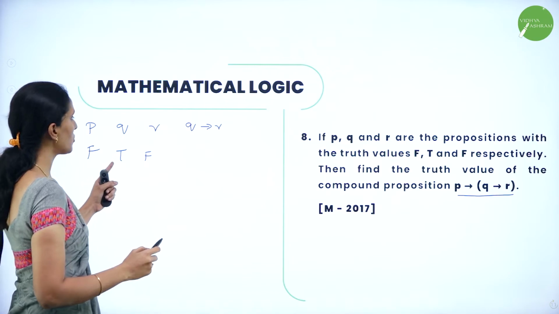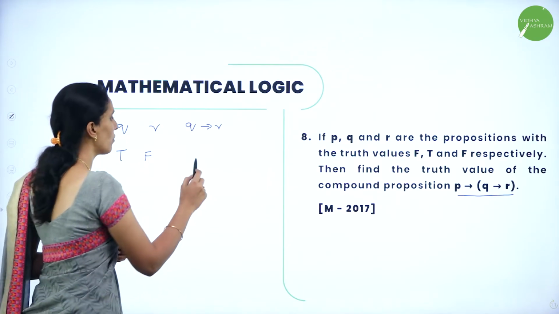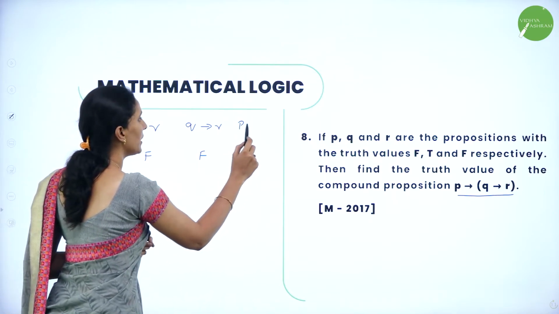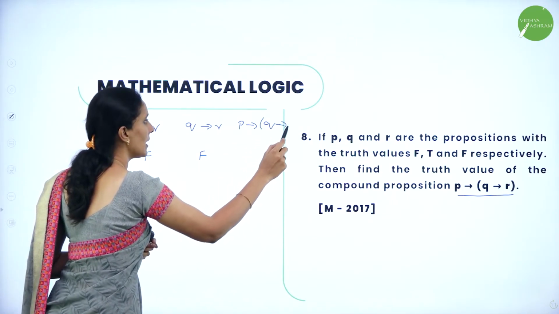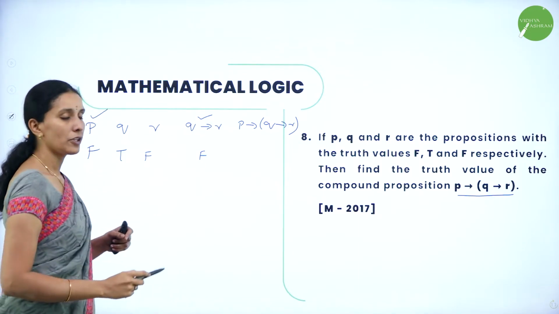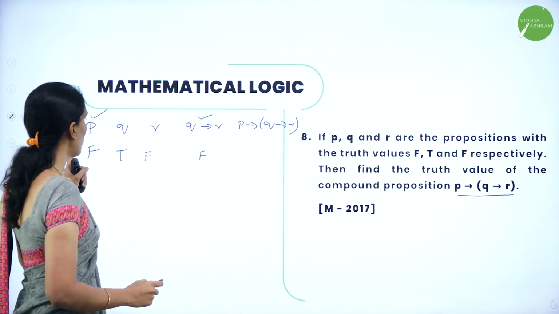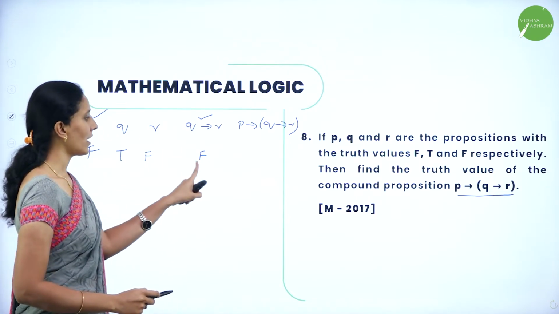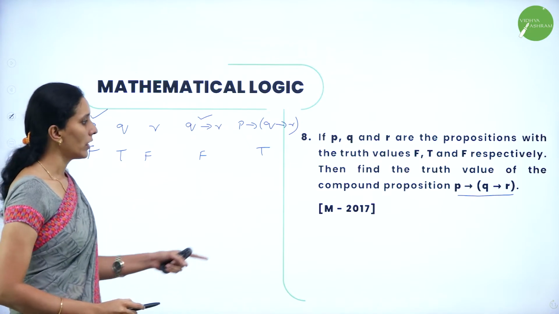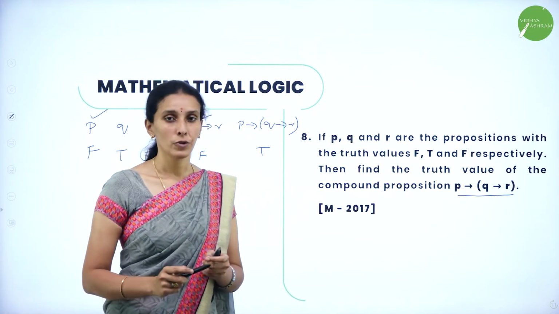If the first statement is true and the second statement is false, we need to find out false. Next we need to write P implies Q implies R. So here we need to take the combination of these two columns now. First one is false, second one is false, so therefore it becomes true. So therefore the given compound statement is true.